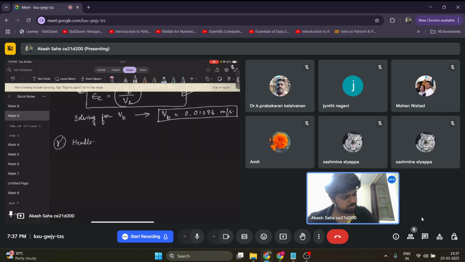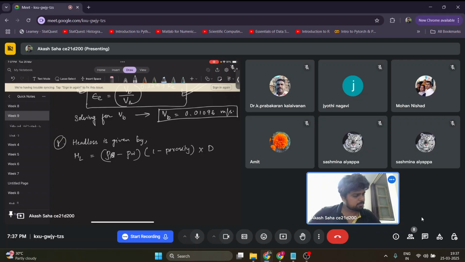So head loss is given by HL is equal to rho W. I think it is rho S, not rho W, rho S minus rho W into 1 minus porosity into D by again rho W. So it is nothing but the specific gravity minus 1 into 1 minus porosity into D. So specific gravity is 2.4 minus 1 into 1 minus porosity is 0.45 and depth is again 1.